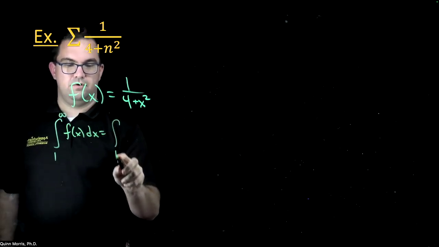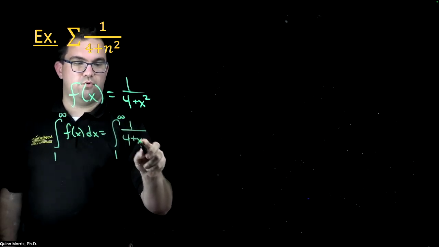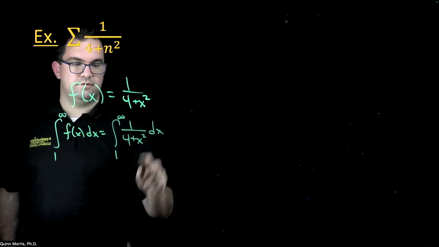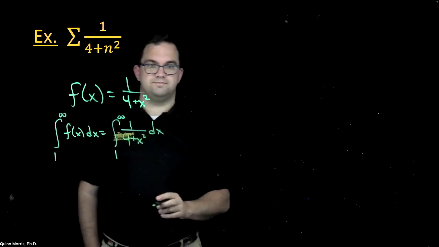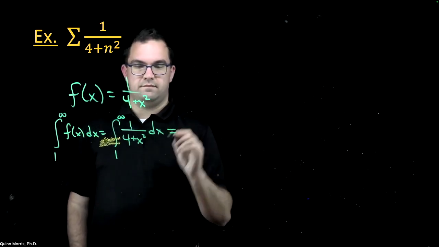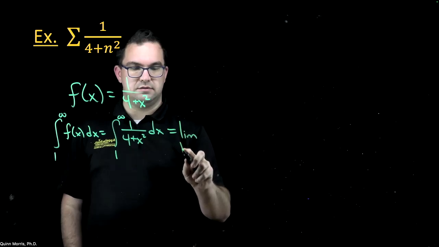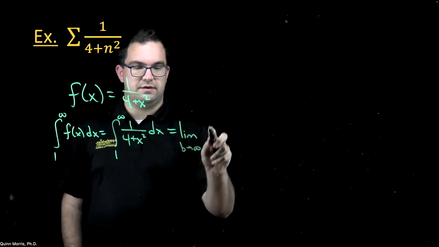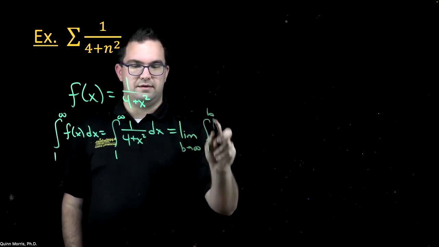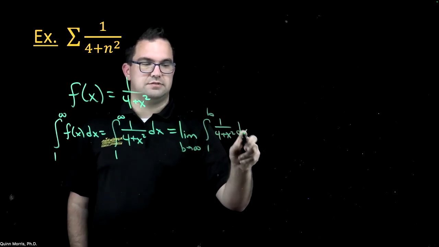That's the integral from 1 to infinity of 1 over 4 plus x squared dx. This is going to be the limit as b goes to infinity of the integral from 1 to b of 1 over 4 plus x squared dx.